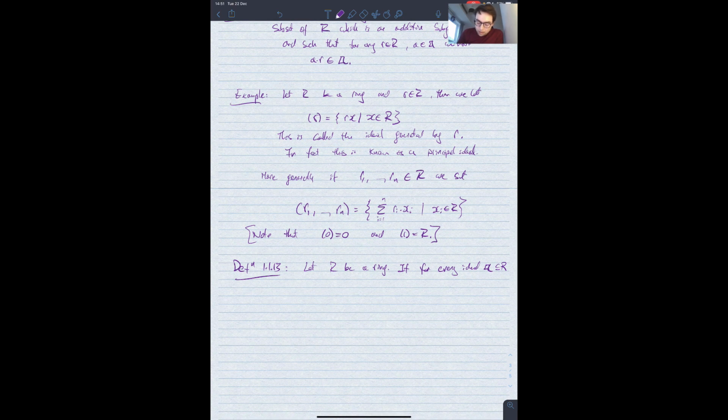Anyways, if for every ideal 𝔞 in R, we can find some little element a in R such that the ideal 𝔞 is the same as the ideal generated by little a, then we call R a principal ideal domain.